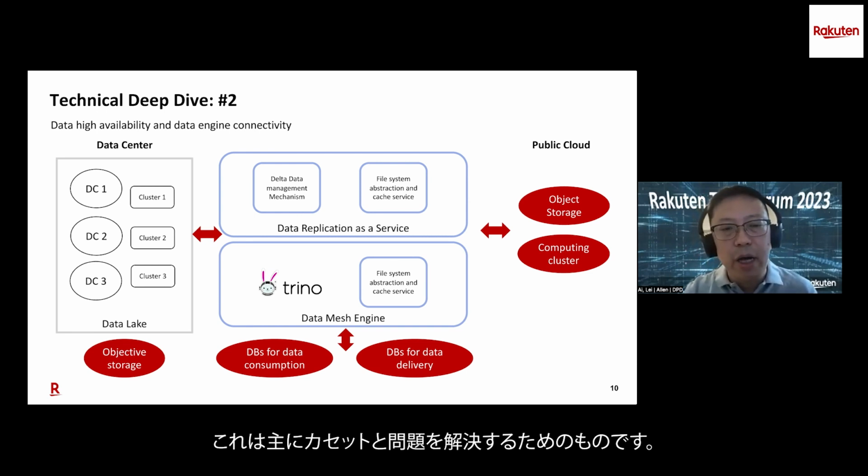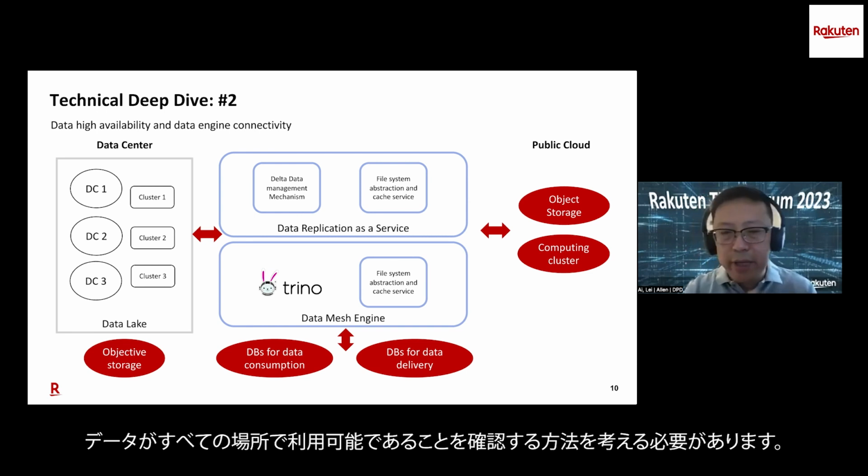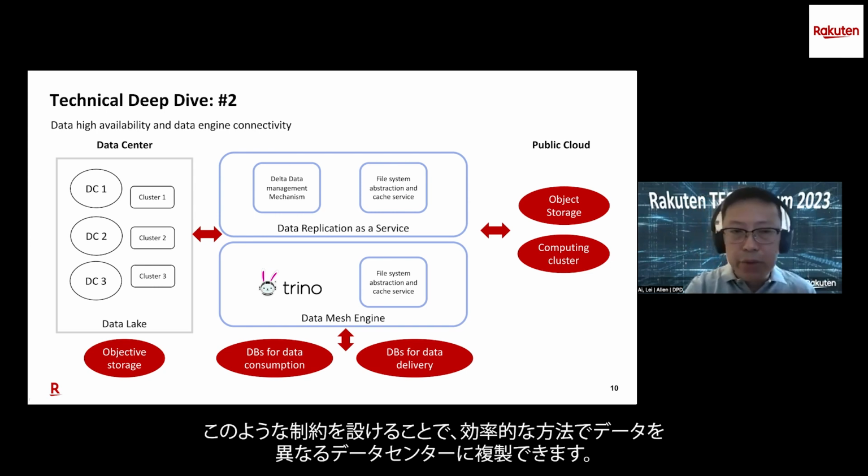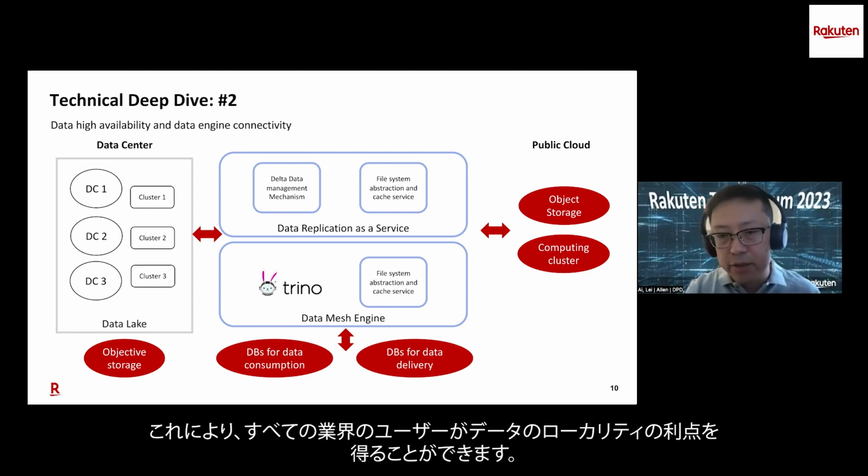One is how to make sure the data can be available in all these places so that you get the data locality benefit. By doing this, we can make sure the data is replicated into different data centers in a very efficient way, so that the data streaming users have the data locality benefit.